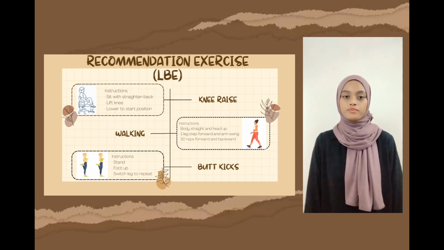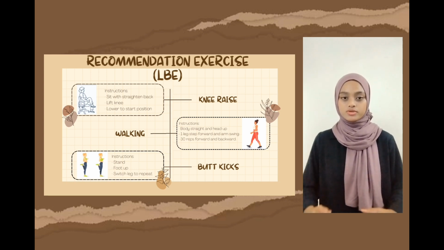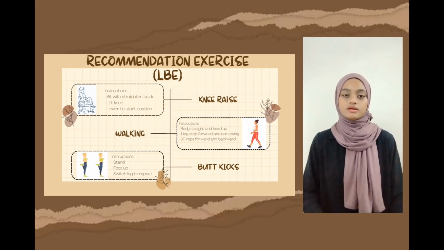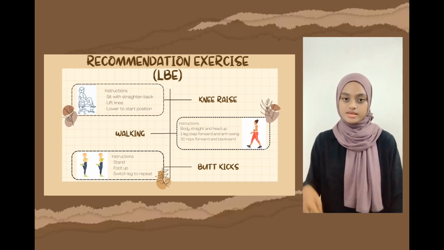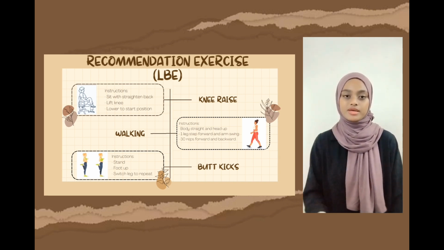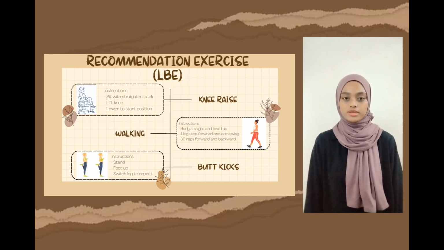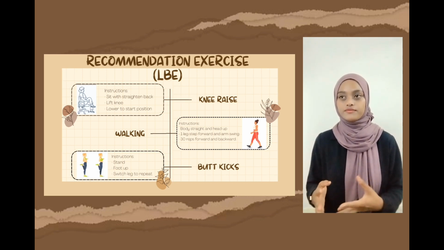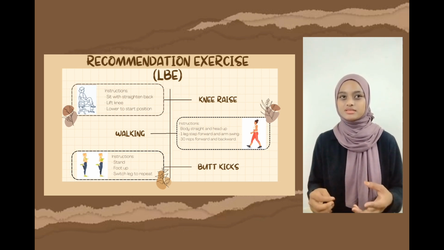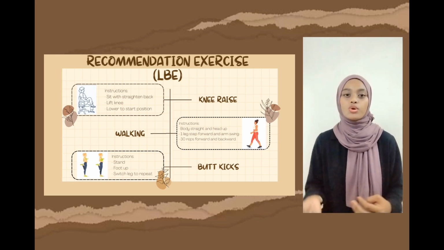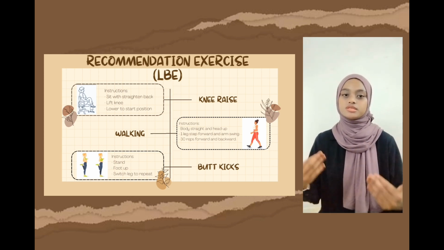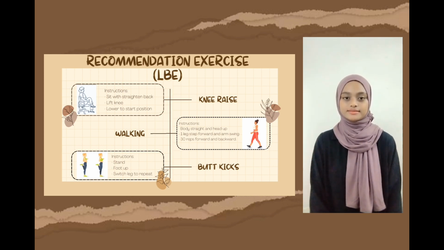Your body posture must be straight. After you step forward, take another step forward with your arm swing. We want to make it a little bit more complicated for her, so we ask her to do 20 repetitions forward and 20 repetitions walking backward.